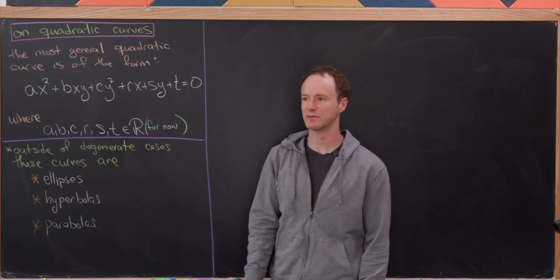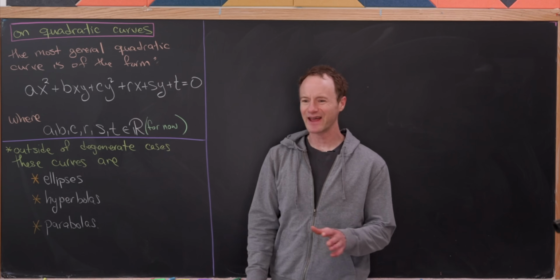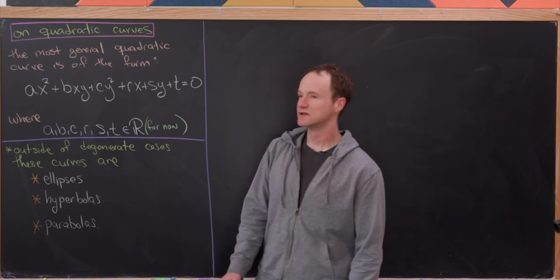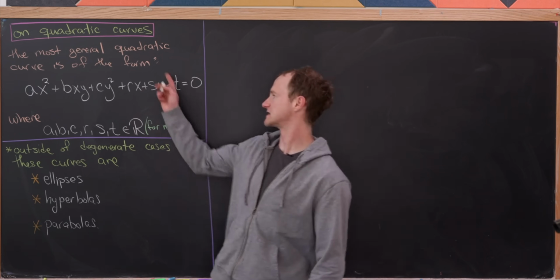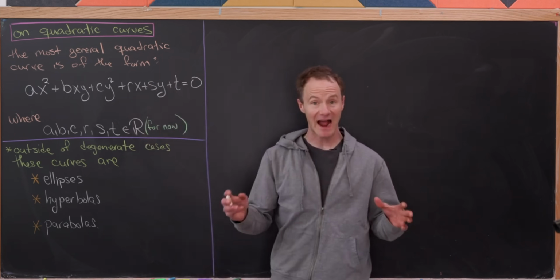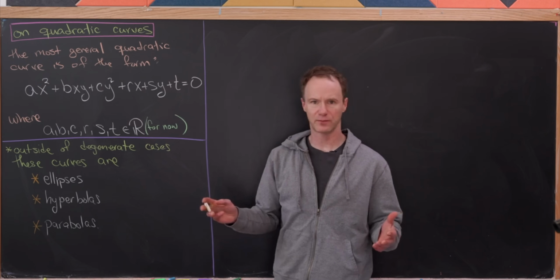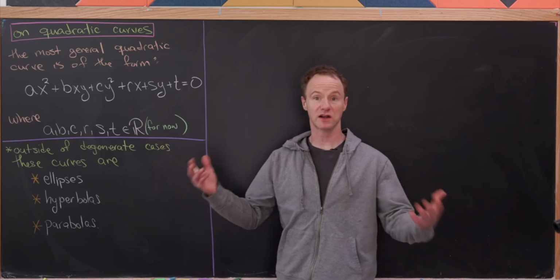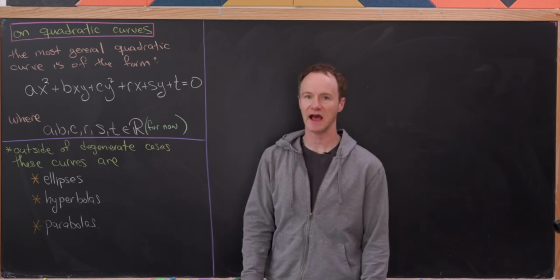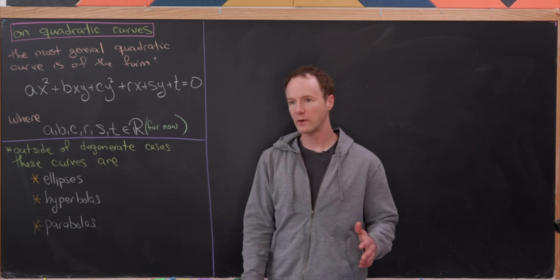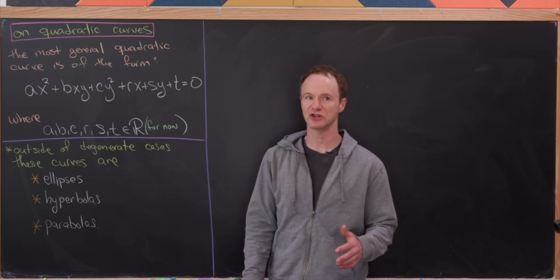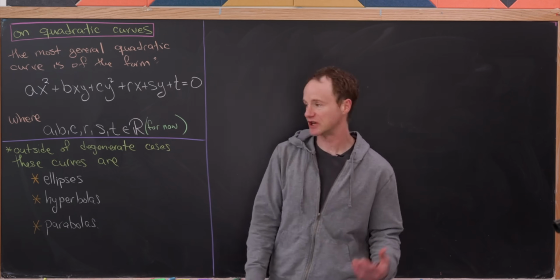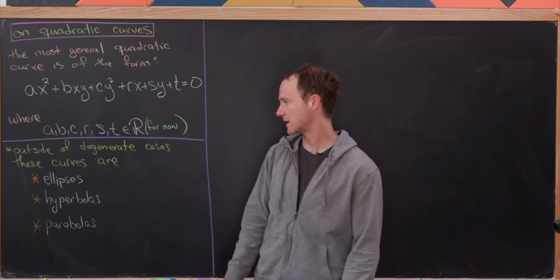That would be an example of a degenerate case. And furthermore, you could envision some situation where this left-hand side factors into a perfect square binomial, or just a product of two linear polynomials in x and y. Then what we would have is an expression which defines two lines, and that would be another degenerate case. So those aren't the ones that we're looking at.